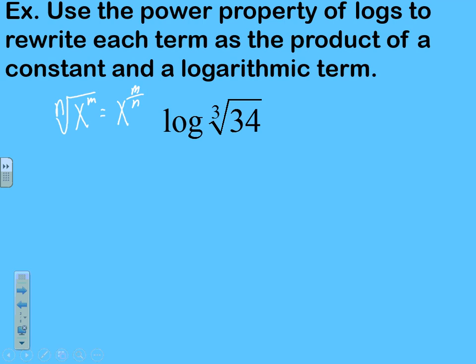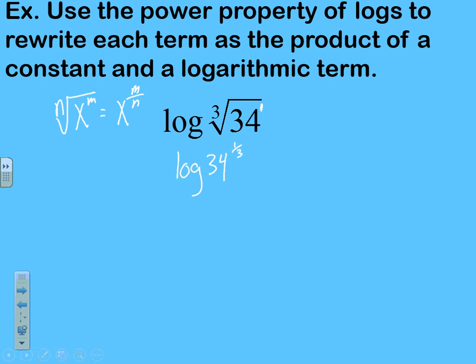So what we need to do is convert the radical into an exponent. 34 itself has an exponent of 1. So when I convert the radical into an exponent, I'm going to get 34 to the 1/3 power.